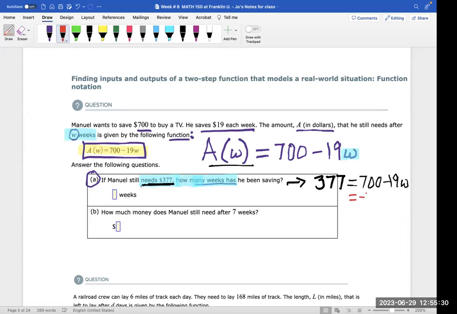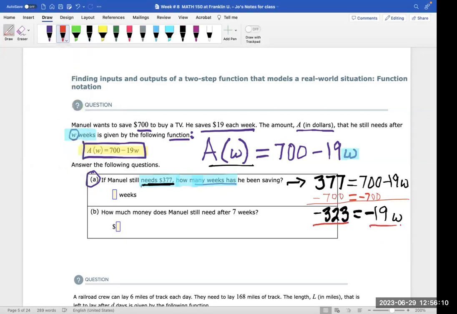There's my equal sign. I can do whatever I want to both sides. When I'm solving an equation, I'm trying to isolate the variable. $377 minus 700. And 377 minus 700 in my calculator, I just typed in 700 minus 377 because I know that the answer has to be negative.